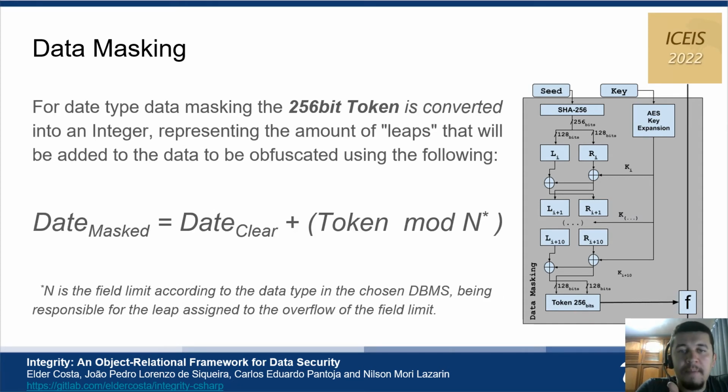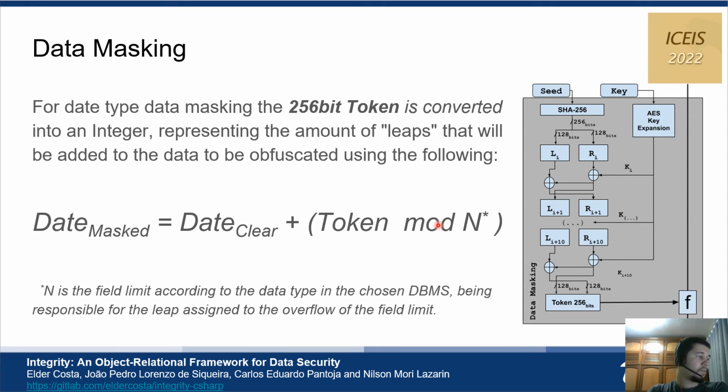For date-type data masking, the 256-bit token is converted into an integer, representing the amount of leaps that will be added to the data to be obfuscated using the following: masked date equals clear date plus token mod n. This n represents the limits of the chosen DBMS.